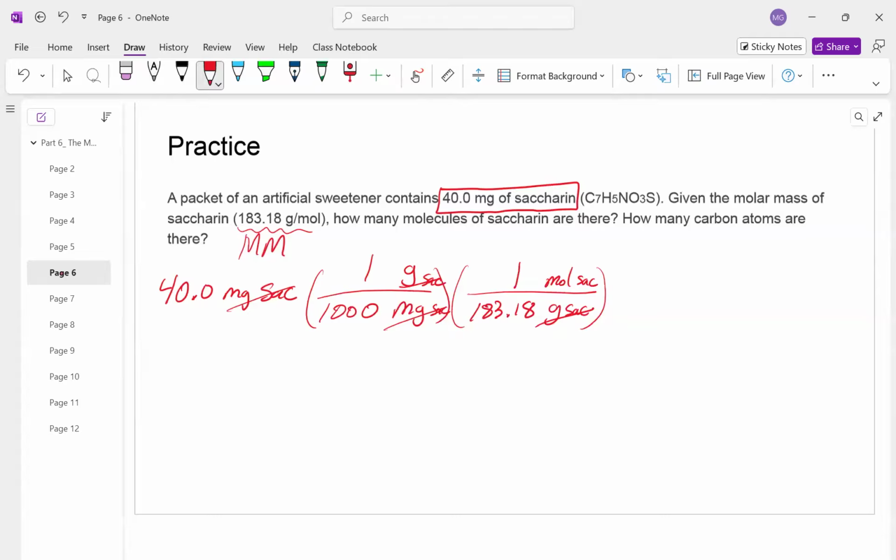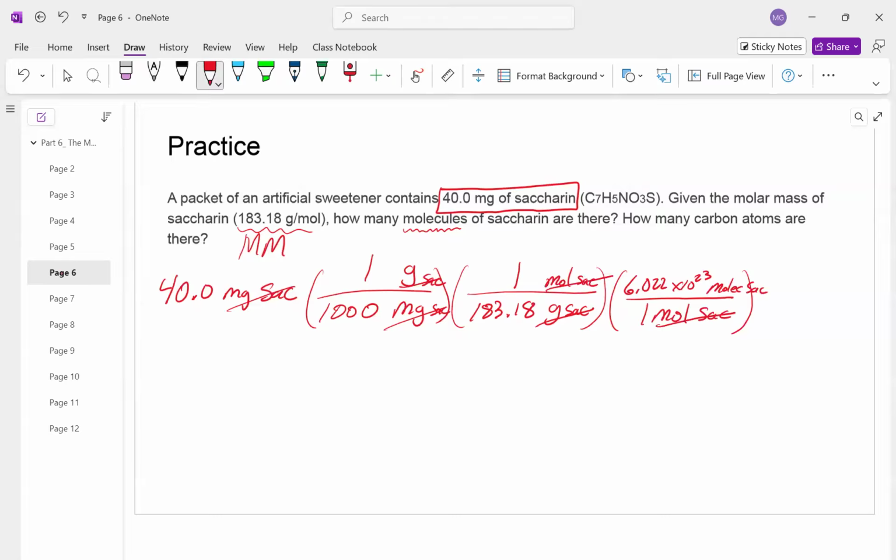So now the unit I have up here is moles. I'm just one step away from getting to molecules because I know the relationship between moles and molecules is to use Avogadro's number. So set up one more. 1 mole of saccharin contains 6.022 times 10 to the 23rd molecules of saccharin.